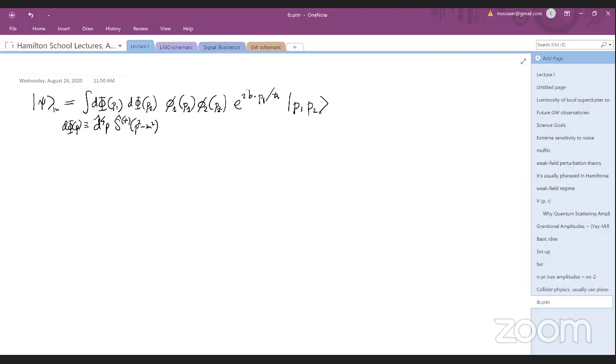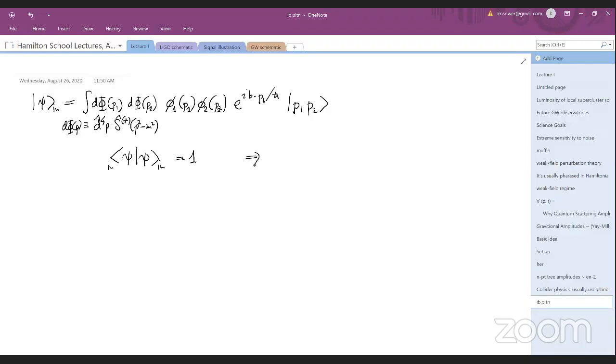So we're going to want to normalize that state to have unit normalization. That's the most convenient. Of course, the end result doesn't really matter how you normalize it. You just have to divide by that if you don't normalize it this way.